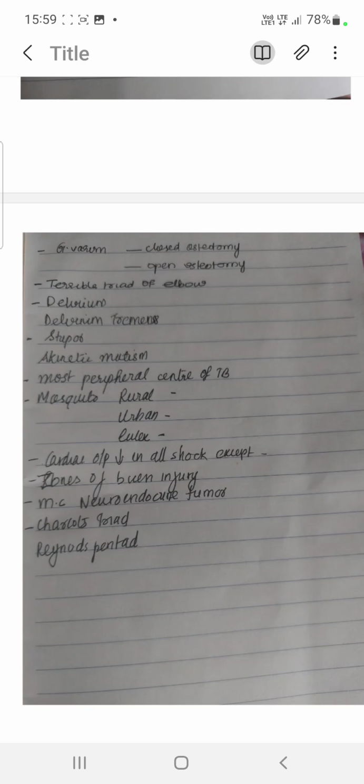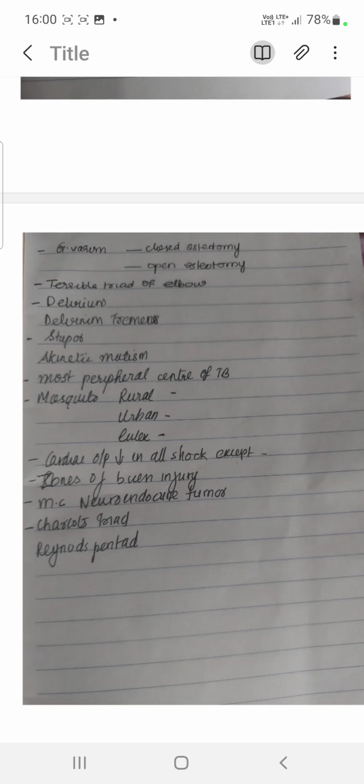Stupor and akinetic mutism: in both, the patient is not moving and also not speaking. The difference is, in stupor, the patient is not responding to the surroundings. In akinetic mutism, the patient will be responding to the surroundings, is conscious to the changes in the environment.